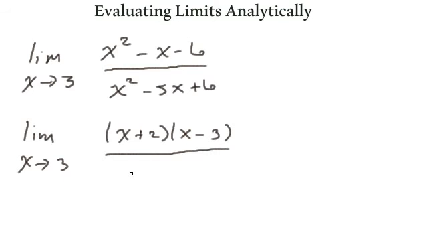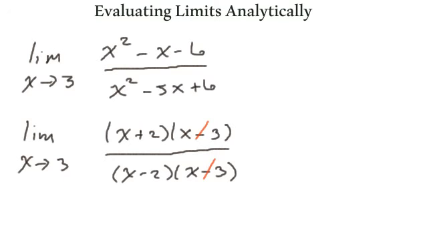And then the denominator is going to factor to x minus 2 times x minus 3. And as you can see here, we have an x minus 3 in the numerator and an x minus 3 in the denominator, so those are going to cancel out.